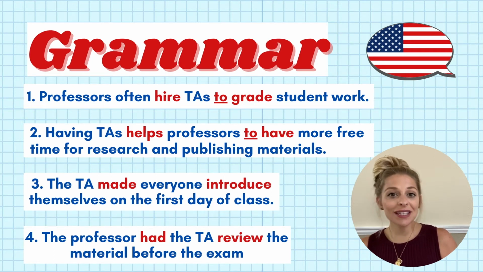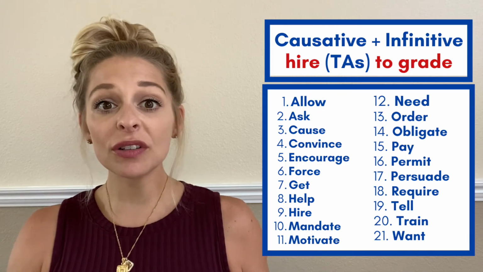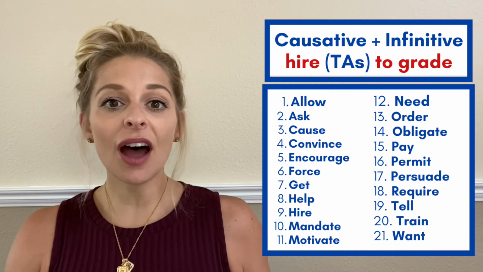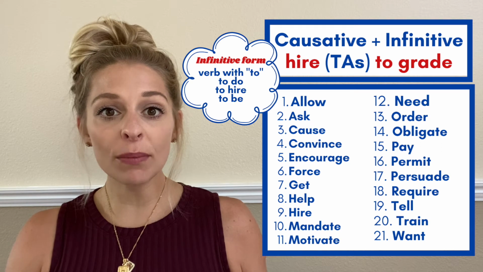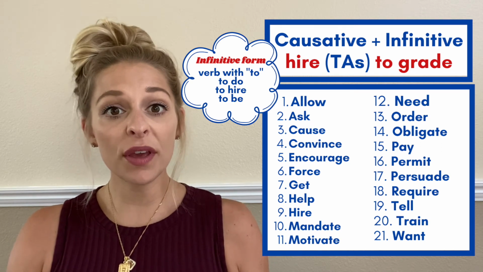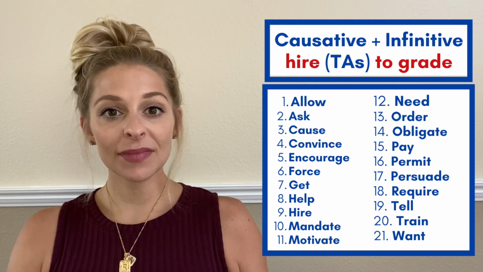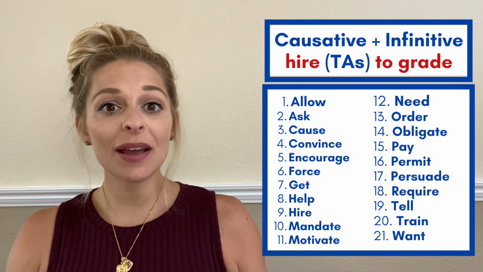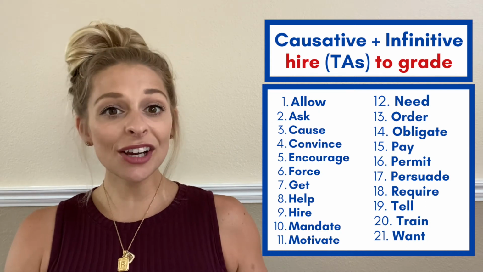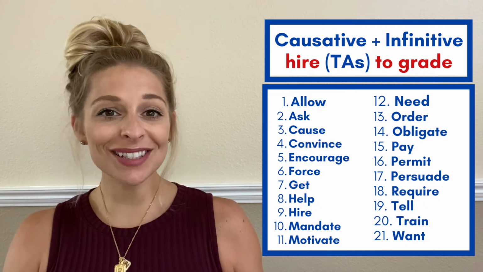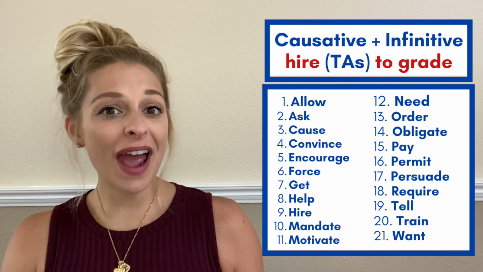So you can see from these examples that different causative verbs are followed by different forms of the verbs that follow them. Most causative verbs are actually followed by the infinitive of the verb that follows them. And remember, the infinitive form of a verb is just the verb with to in front of it. So in our example, we said that professors hire TAs to grade. And here I have 21 causative verbs that use the infinitive after it.